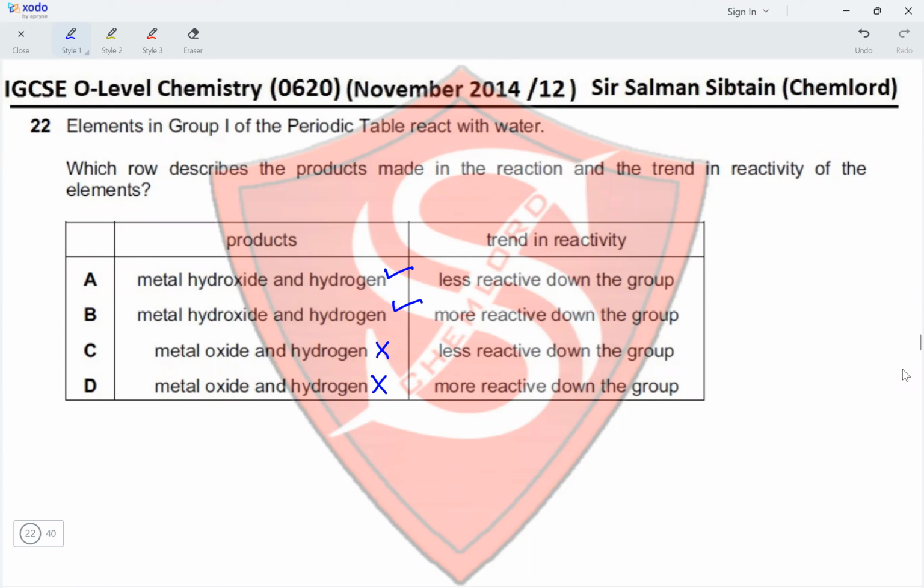This is the product of group 2 metals reacting with water. And the trend in reactivity, less reactive down the group. So the trend in reactivity of group 1 is that the reactivity increases down the group. So it will not be less reactive, it will be more reactive down the group. So this eliminates option A and makes option B the correct option for this question.